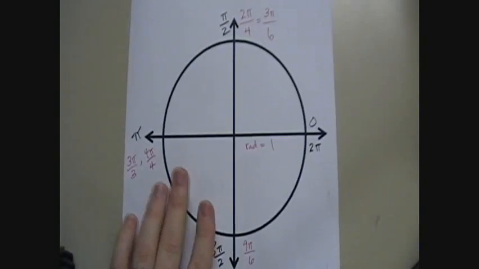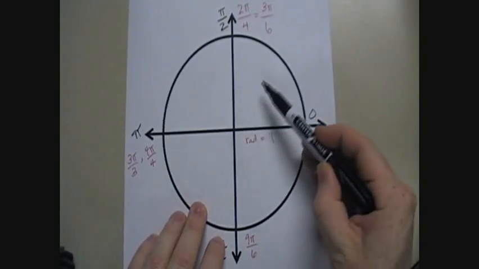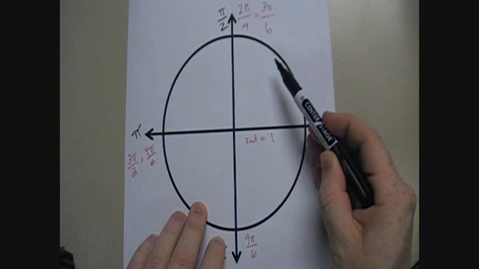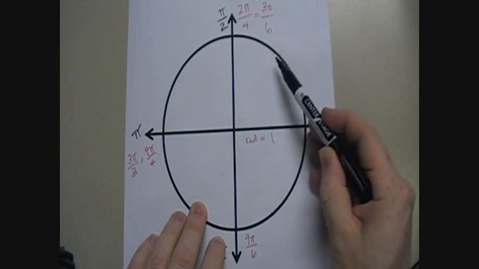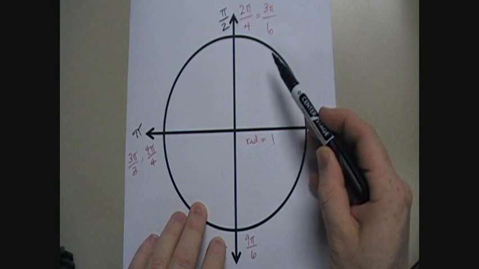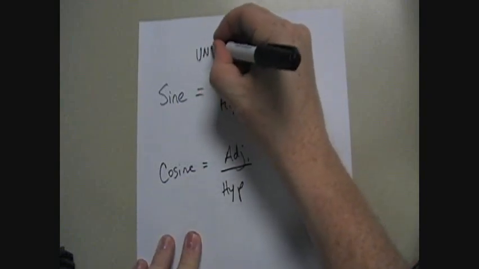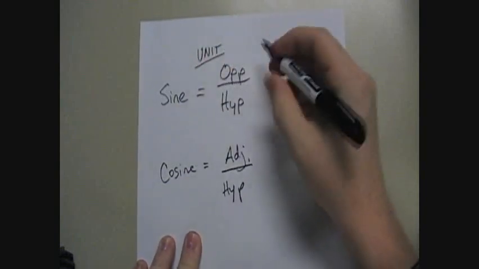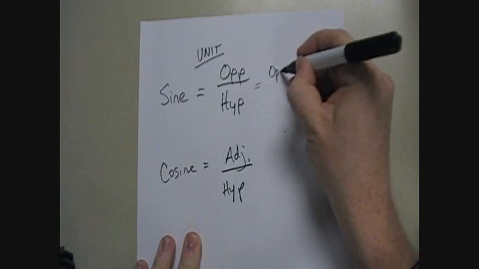But in our unit circle, any triangle I make, any triangle I draw, would always have a radius. It always has a radius of 1, so any triangle would always have a hypotenuse of 1. So if you can think about the fact that really in the unit circle, the hypotenuse is always 1.